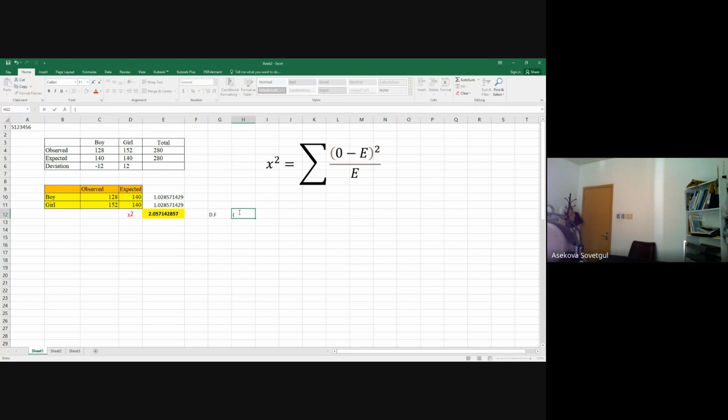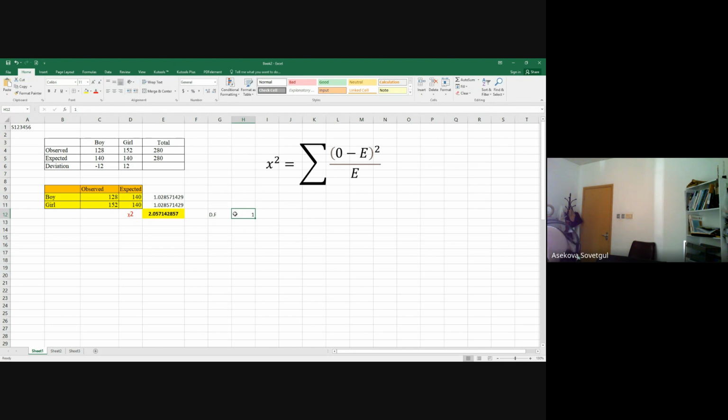One minus one. So it will be 1, okay? Because we have only two groups, the boy and the girl, two categorical groups. Here we have 2, so 2 minus 1, it is 1.